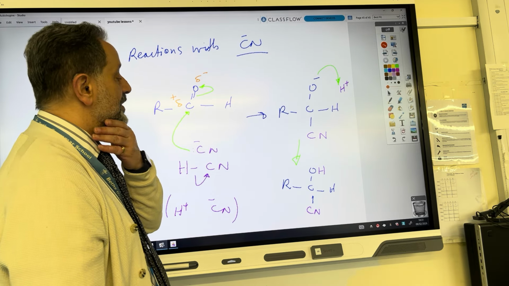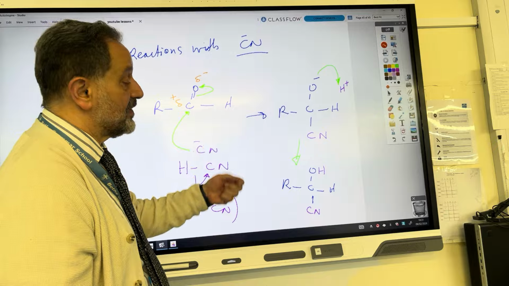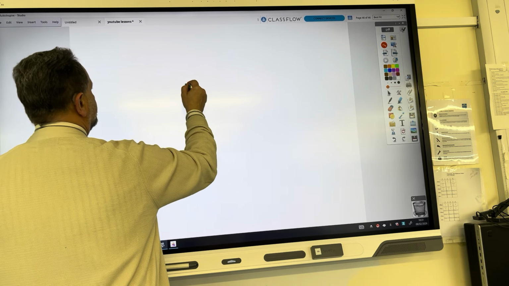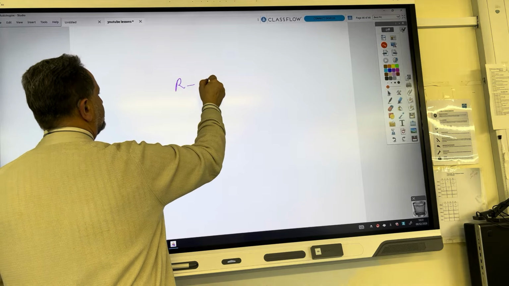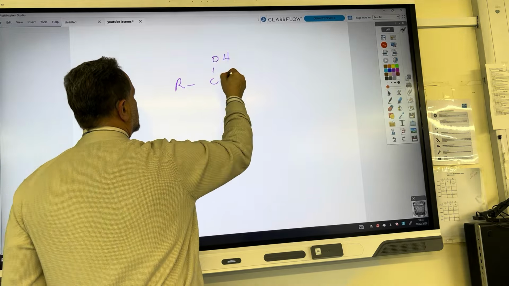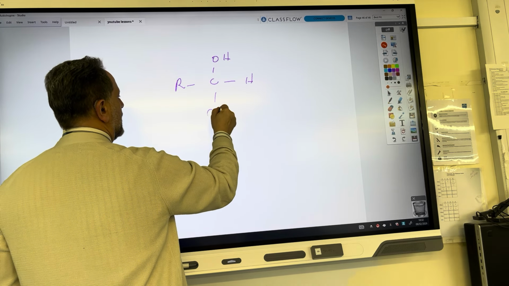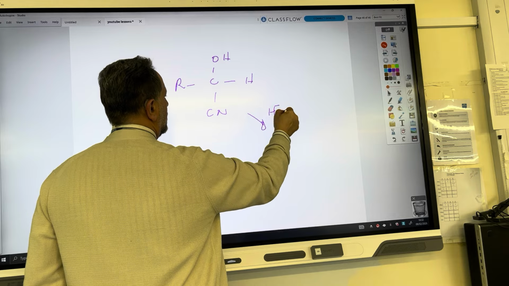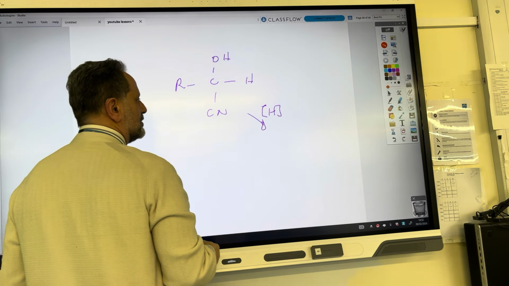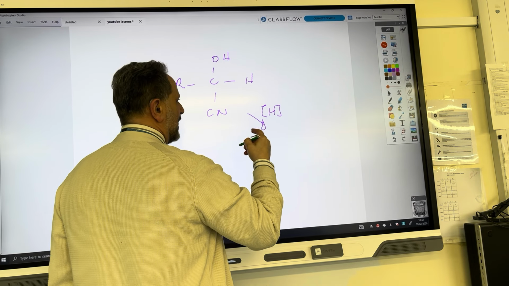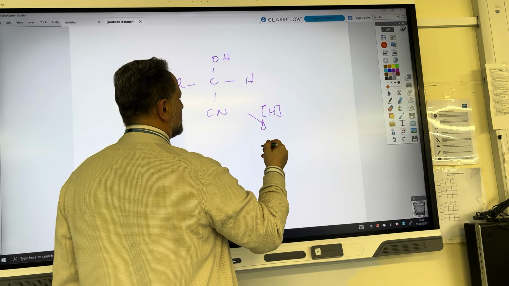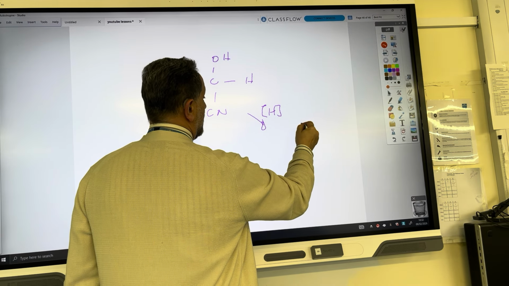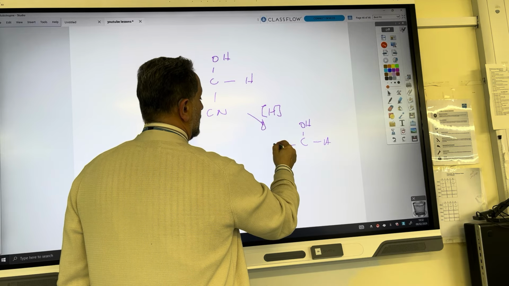But it is also interesting to know that now that you have these nitriles, so if you have R, COH, HCN, if you reduce it, like with nickel and hydrogen, or sometimes sodium borohydride as well, you produce R, CH2, NH2.